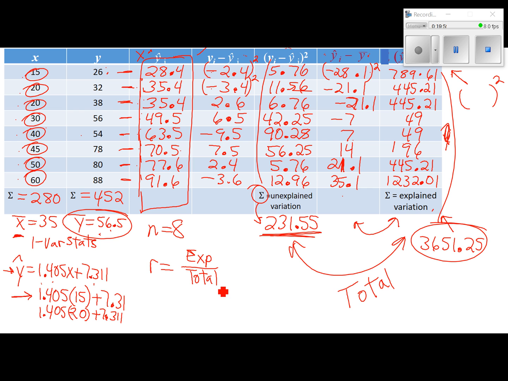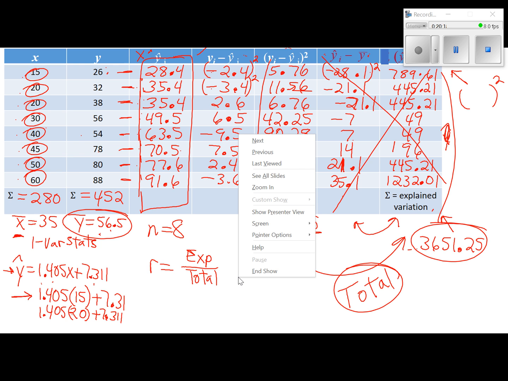But if we wanted to find the total variation, we just take these two and add them together. Again, for your homework you don't need those last two columns, but they're not really all that difficult to find.